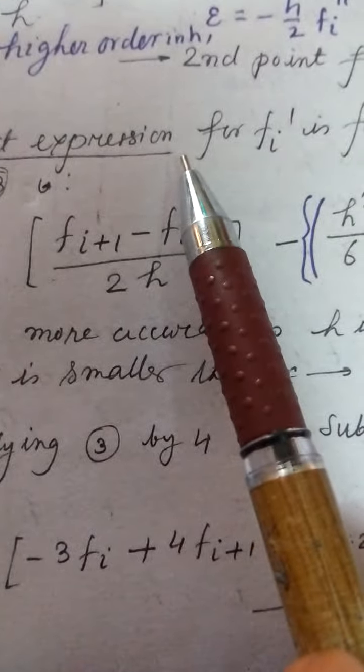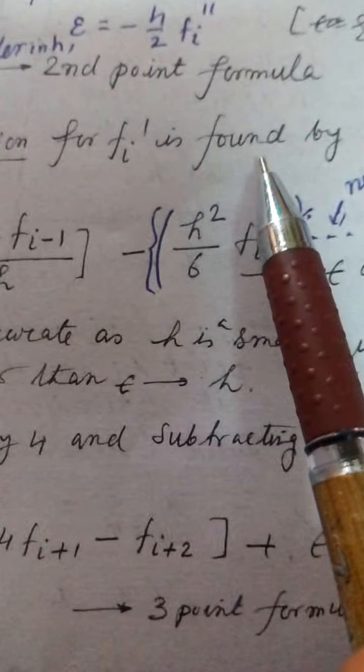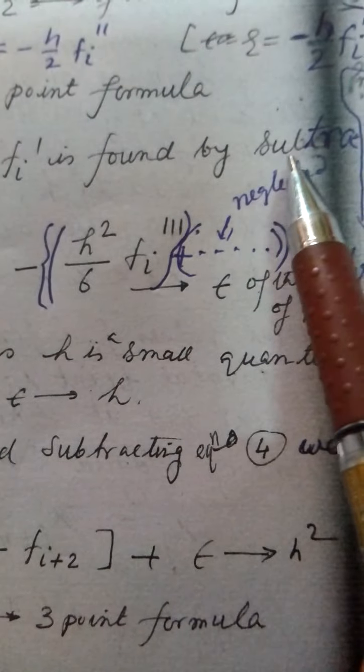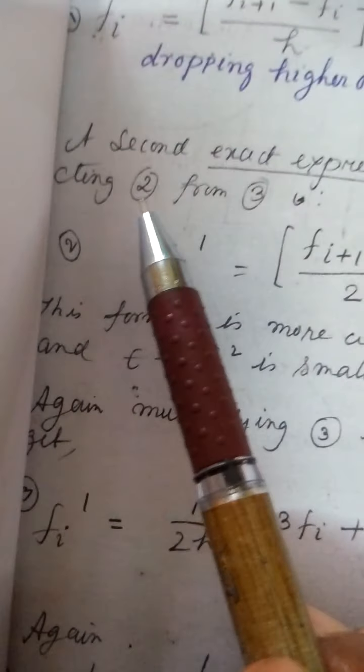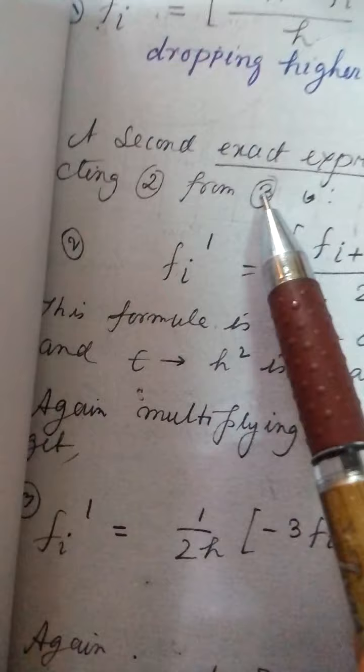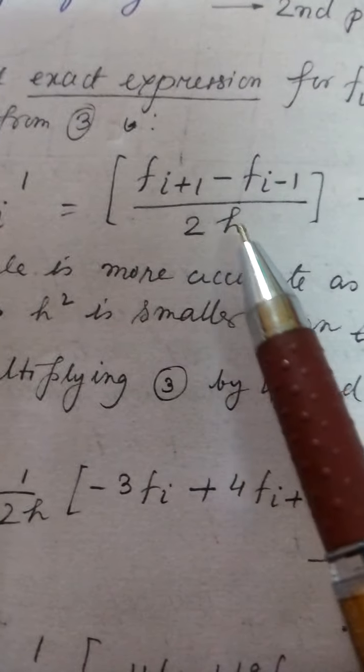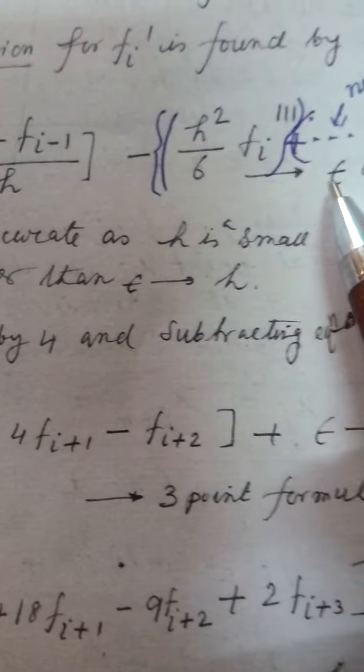Now a second exact expression for fi dash is found by subtracting 2 from 3. So number 2, this is the second formula for fi dash. Just you see, and this is the error.